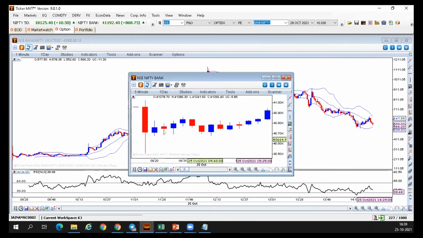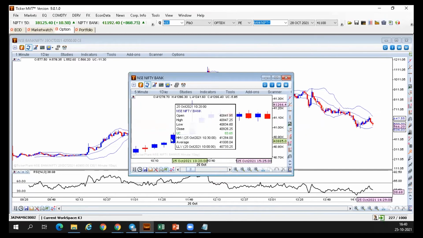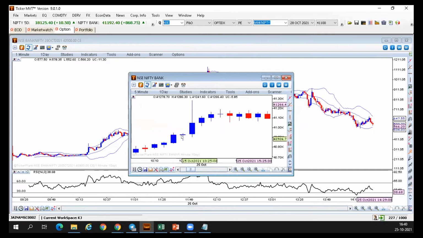So on 10:30, what is the close of 10:25?